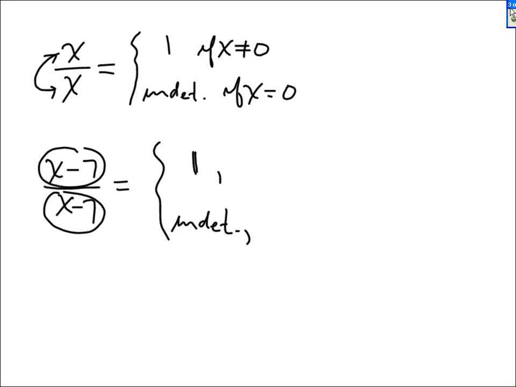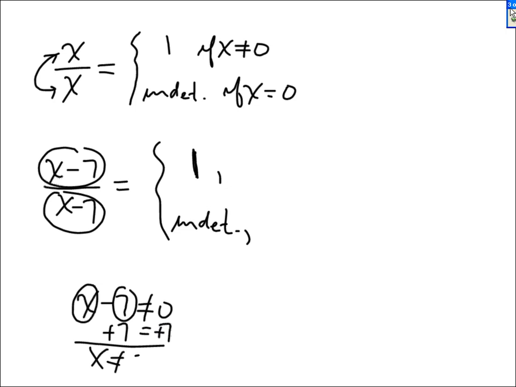That's why sometimes it's going to be 1. As long as the top is not 0, it'll be 1. That means x and 7 have to be different from one another. x can't be 7, otherwise you'll have 7 minus 7. That's the condition to get 1.